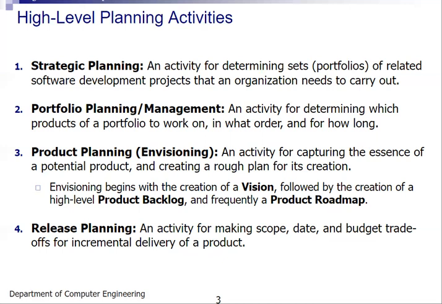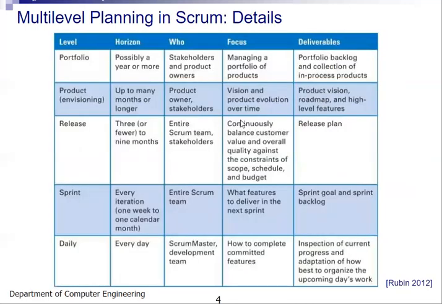So this release planning is an activity for making scope, like what different kinds of features you are providing with this product development, then on which date you are delivering, deploying that project, and the budget, right? Trade-off for incremental delivery of a product. So these are the different plannings you need to do.